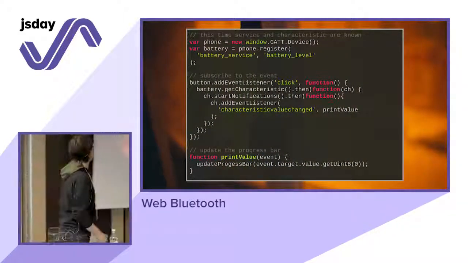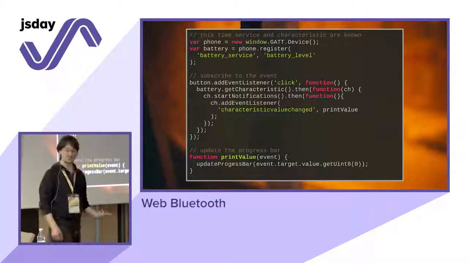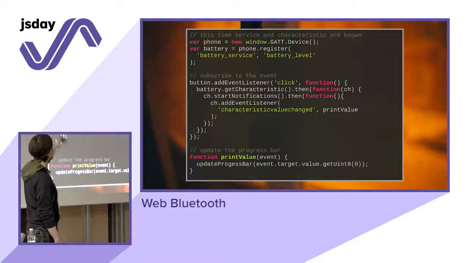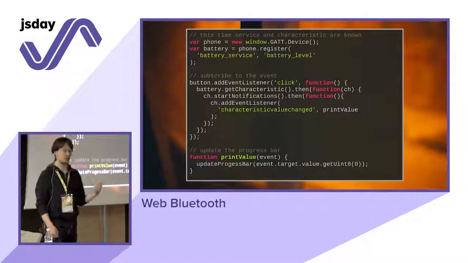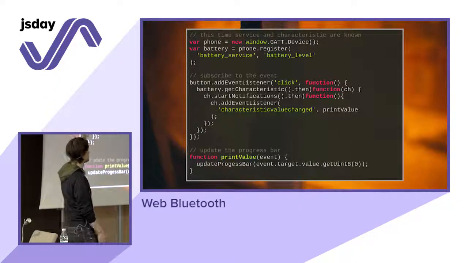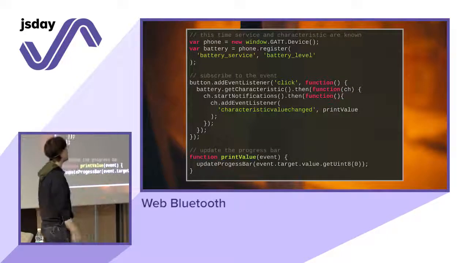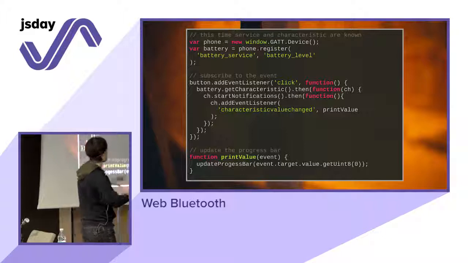This is the demo itself, and there is a small difference here, which is interesting: in this case the services are not UUIDs, they are proper strings. This is how it works for services and characteristics when they are standard. You don't have to look for the UUID, you can just specify the string straight away, and that works out of the box, which is nice. Then we have the usual button to start the experiment.